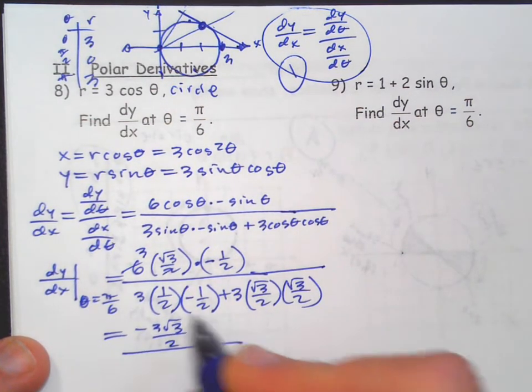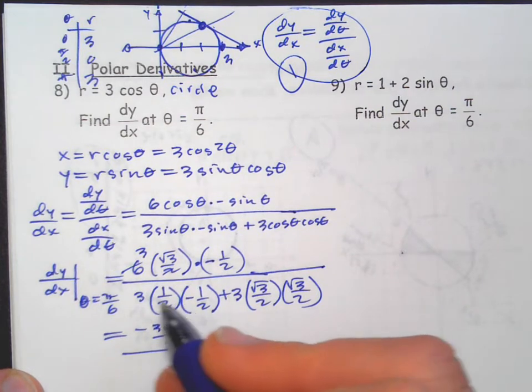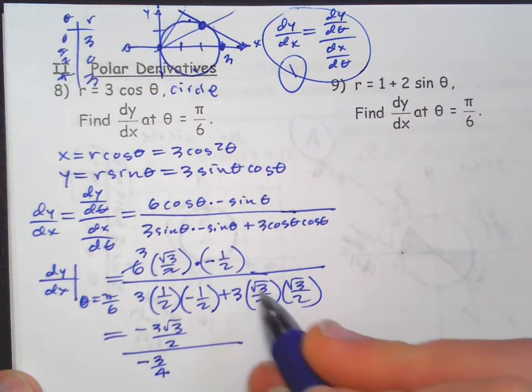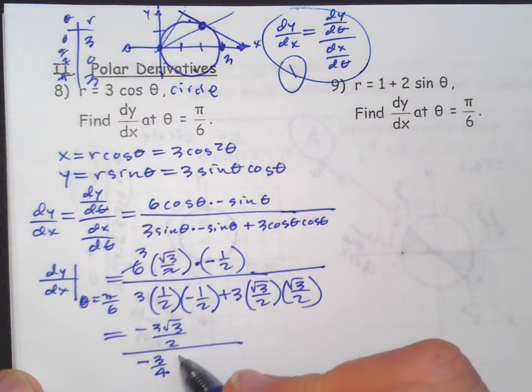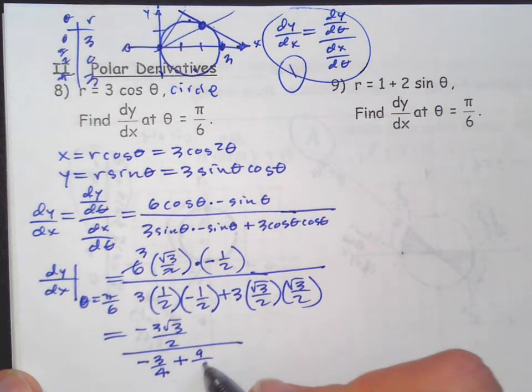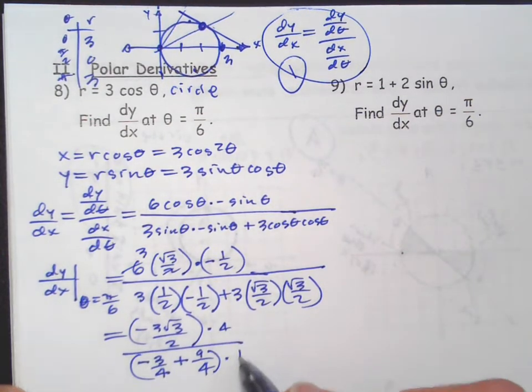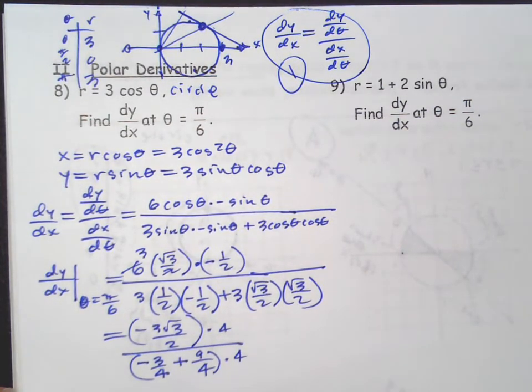On the bottom, it's going to be minus 3/4. That's going to be 3 plus 9/4. We could multiply top and bottom by 4, just get rid of these fractions. So it's going to be negative 6 root 3 over 6. And final answer is going to be negative root 3.